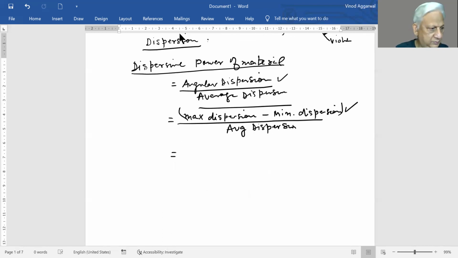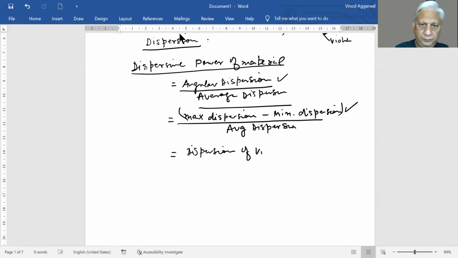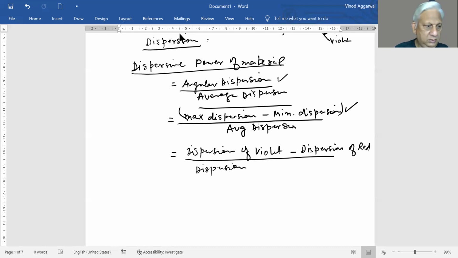So we can write this as dispersion of violet light minus dispersion of red divided by dispersion of yellow light.